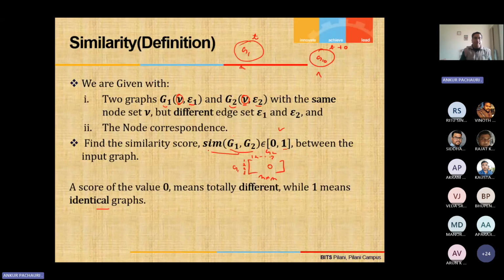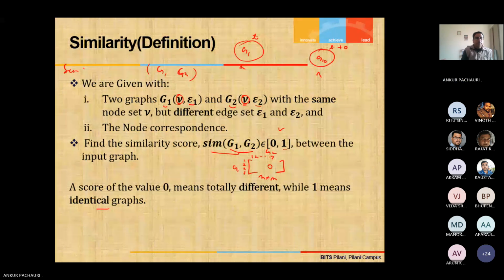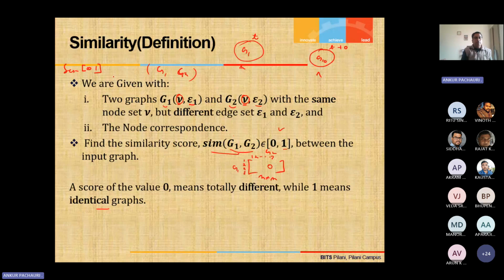If I'm talking about similarity between G1 and G2 as graphs, in that case this will give me a single value between 0 and 1. This will tell me how similar the two graphs are. 0 means totally different from each other, complement of each other, with nothing in common.